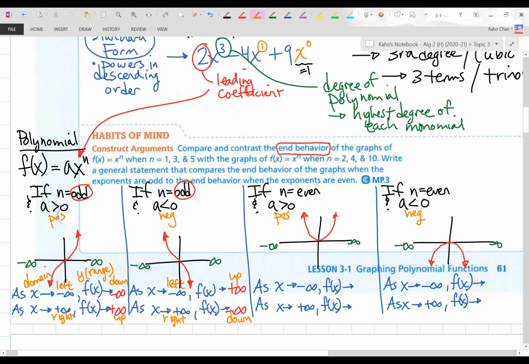Even functions, I'm going to go ahead and finish that off. We got our left and right for both the positive and negative leading coefficients. And here we go. For the third scenario, the graph from the middle goes up and up for both of them. Up is positive infinity for both of those.